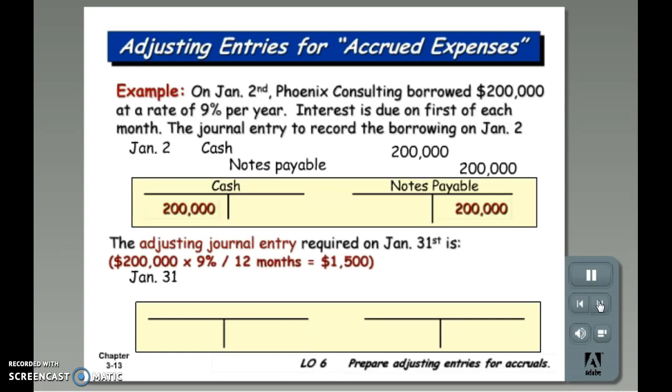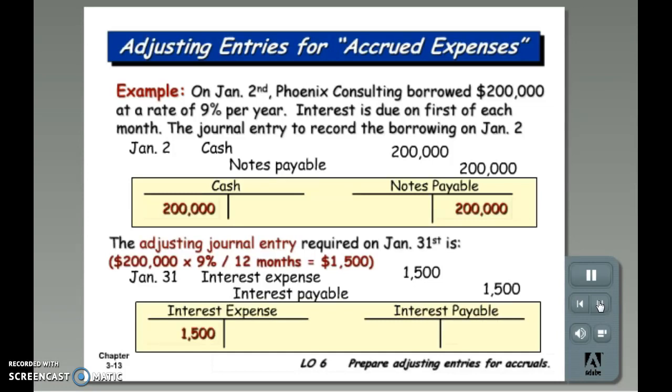The accounts involved in the adjusting entry are a debit or increase to the interest expense account and a credit or increase to the interest payable to recognize the fact that 1 month of interest expense needs to be recorded and to reflect the interest liability that exists at January 31. The adjusting journal entry is then posted to the T accounts.